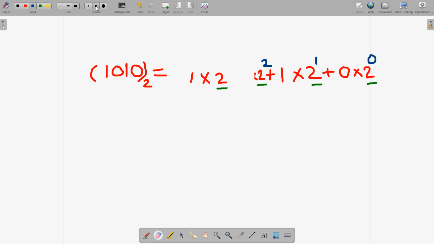So here we are writing what? We are writing 1 into 2 raised to the power 3. Then the next was plus, and it was 0 into 2 raised to the power 2. Earlier the plus was missing. I hope this is clear.